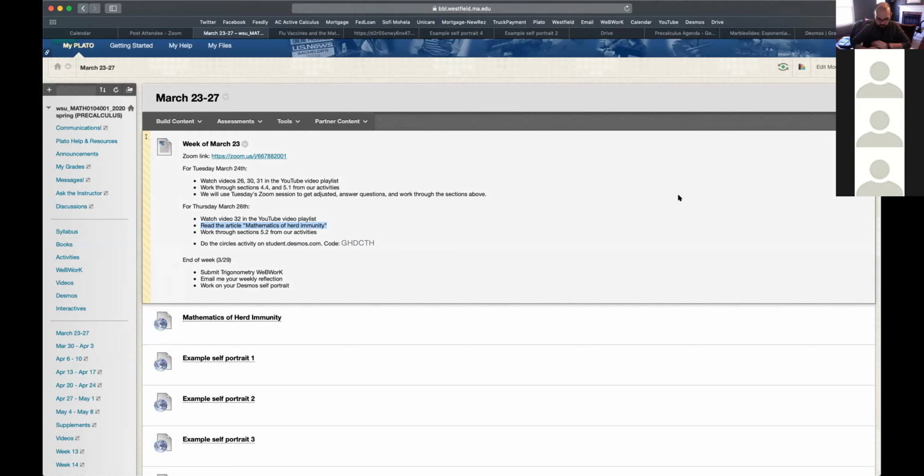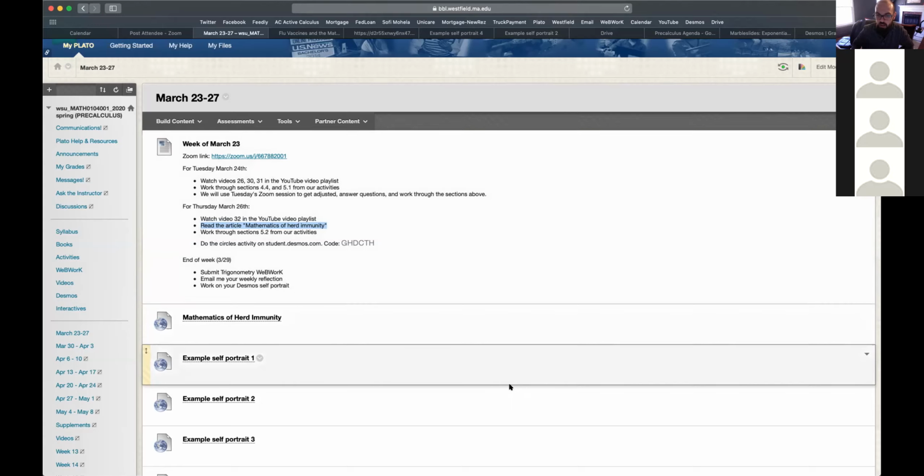So the point behind this article was to showcase the importance of vaccines, like getting a flu shot. And as we can see with what's happening right now, some of these ideas extend to our current situation.